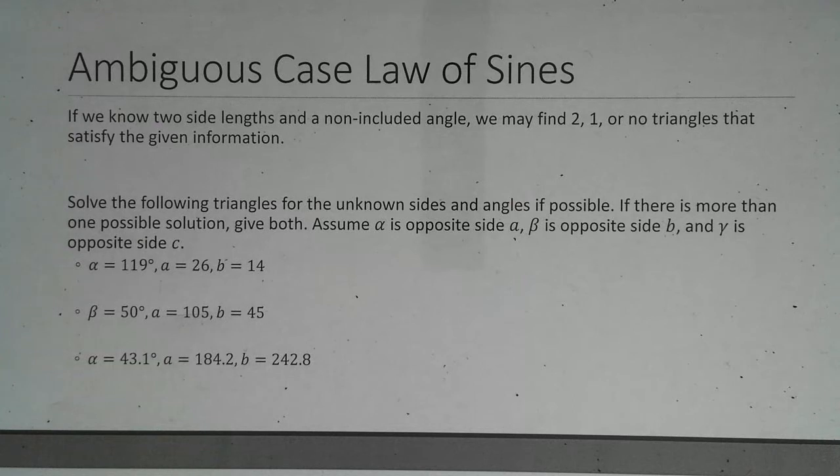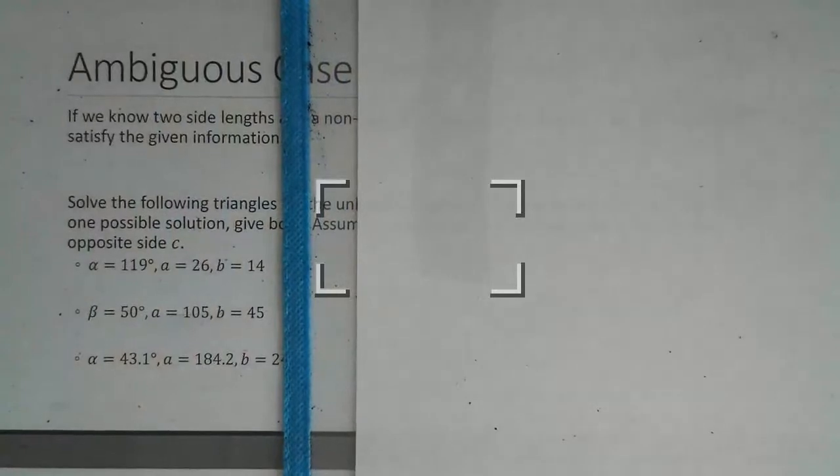We're going to assume that angle alpha is opposite side A, beta is opposite side B, and gamma is opposite side C. I'm going to use a blank piece of paper so that I have some space to work with here. I'm going to draw just a generic triangle.